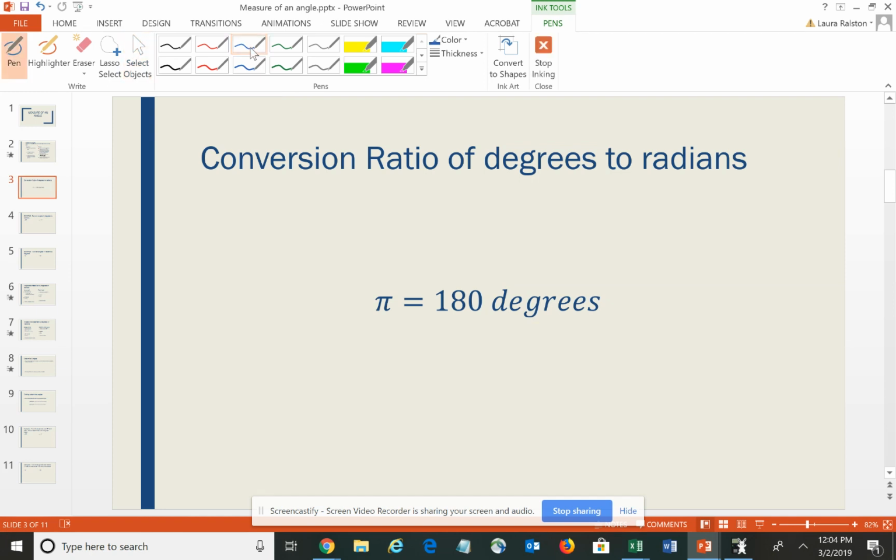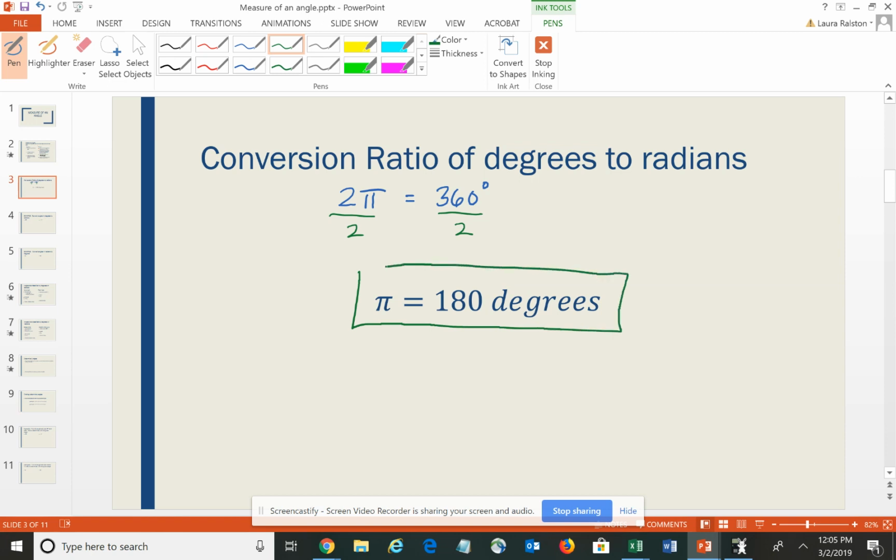Let me show you. Remember, I just told you that a full revolution from the initial side to the initial side is 360 degrees, and in terms of radians, a full revolution is 2 pi. So if a full revolution is either 2 pi or 360 degrees, and I divide both sides by 2 to simplify, I get the relationship that pi equals 180 degrees.